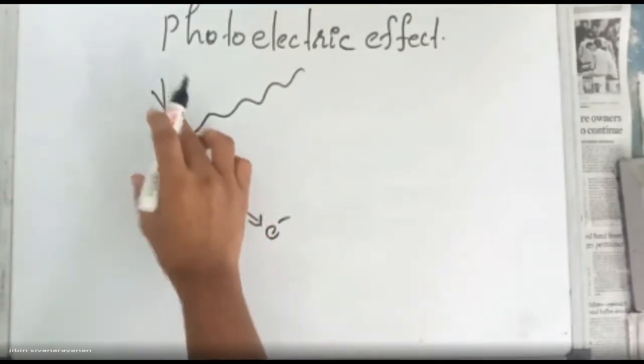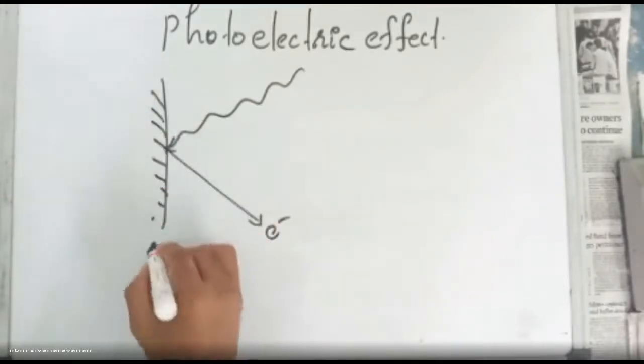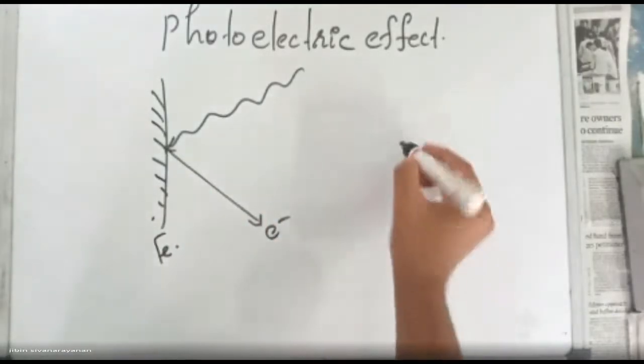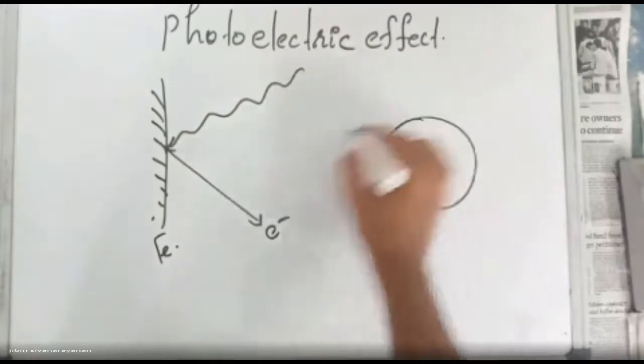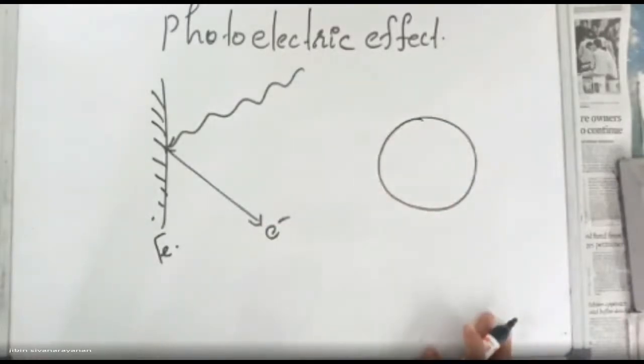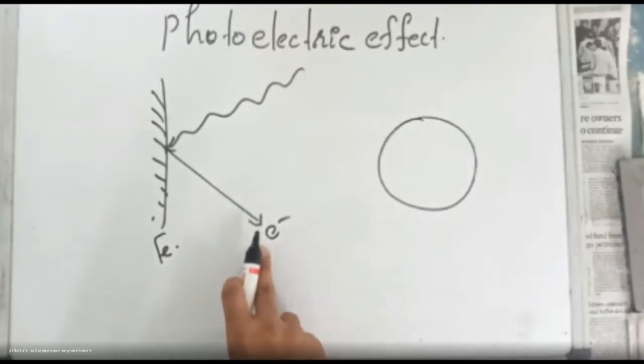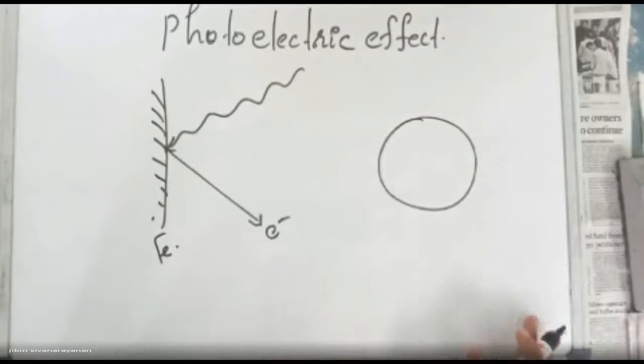I'm considering this metal surface. Suppose this is an iron atom. I'm simply considering iron as an atom here. So this ejection of electron is happening from which orbit? Is it from the inner orbit or from the outer orbit?